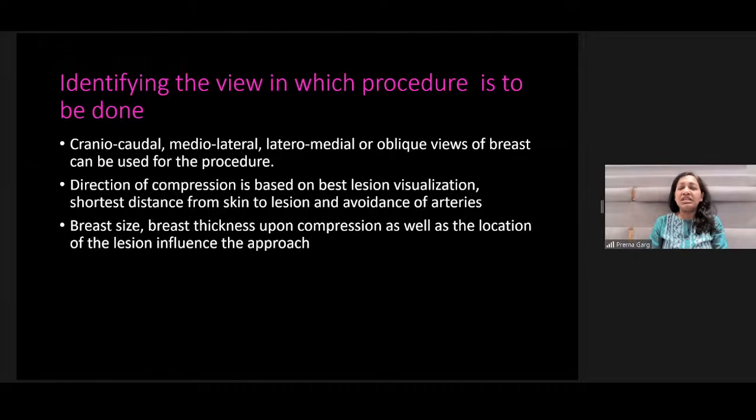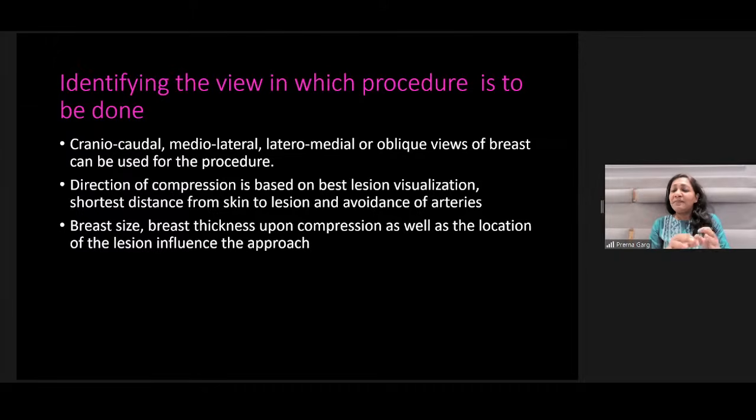So you will have a lesion in the lower quadrants and a very weird skin entry site somewhere superiorly. We want to avoid that, as it is very embarrassing. We need to make sure that the skin entry site is as close to the lesion or the clip as possible, and in the same quadrant as the lesion. To ensure that, we can have a variety of placements, which includes craniocaudal, mediolateral, lateromedial, and so on.